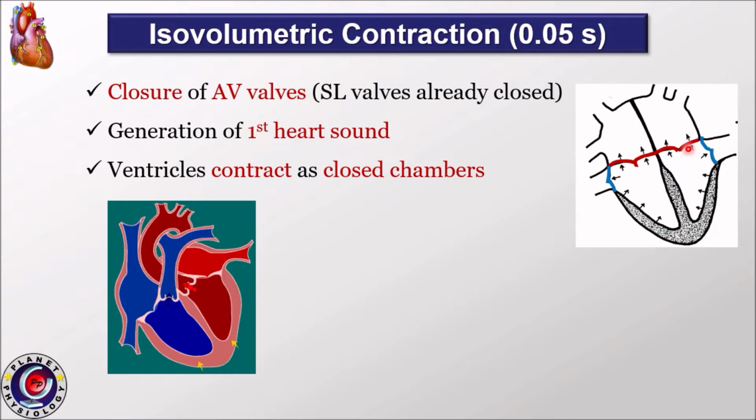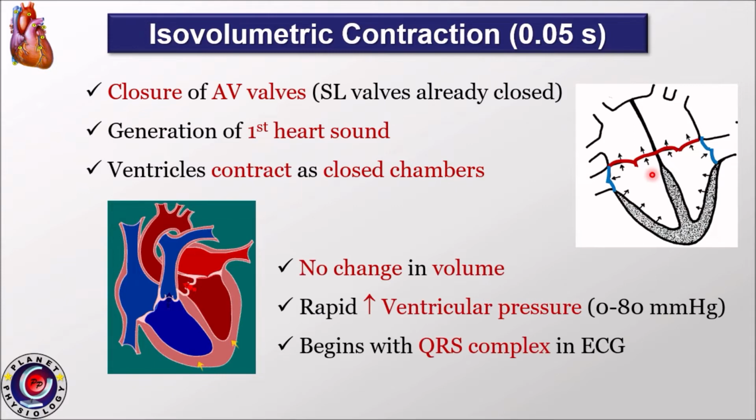Now AV valves are closed and semilunar valves are already closed. So ventricles are contracting as closed chambers. Blood volume within the ventricle remains the same, and therefore it is called isovolumic contraction. Please remember, the volume we are talking about is blood volume and not the chamber volume.